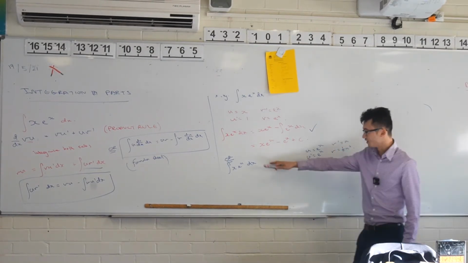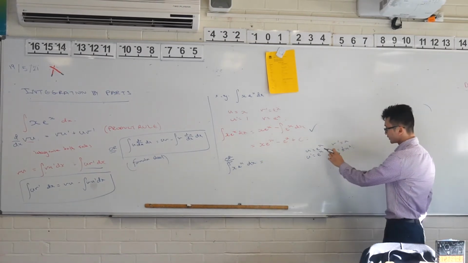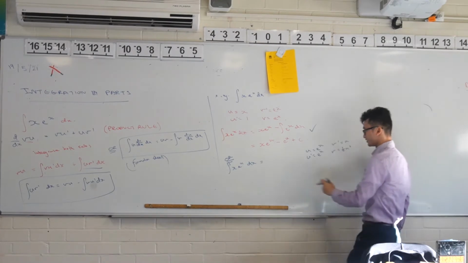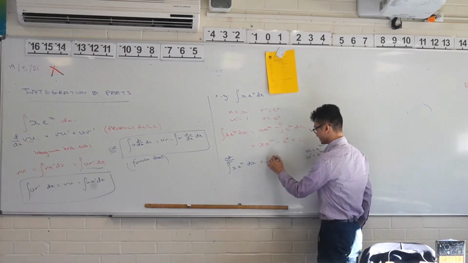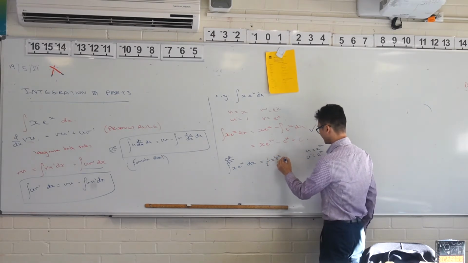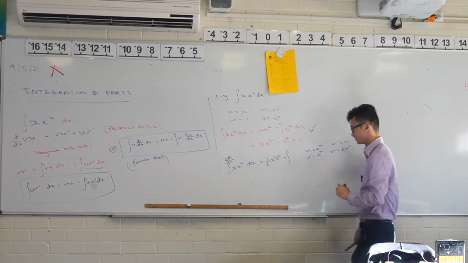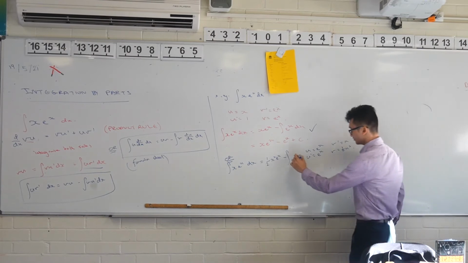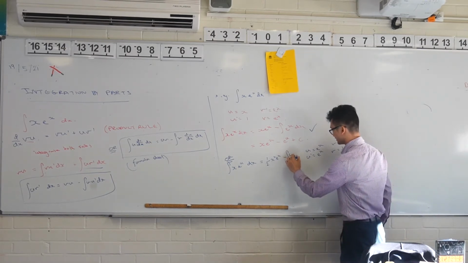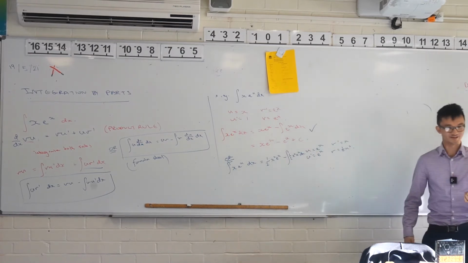So what's uv? That's half x squared e to the x. But then what's my vu dash in this situation? Half of x squared times e to the x, which, as you realized, doesn't get you anywhere.